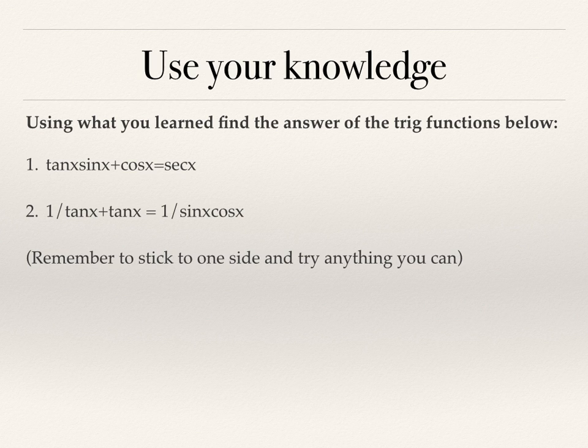Remember to stick to one side and try anything that comes to mind. You never know what could happen. Go with your gut. And pause this video and we will see where you're at and solve it together.